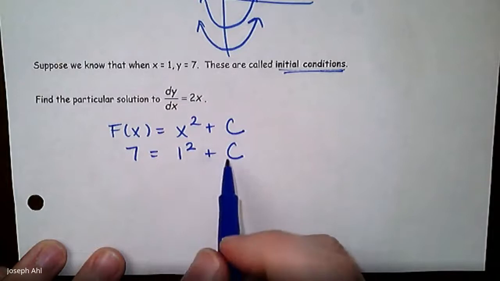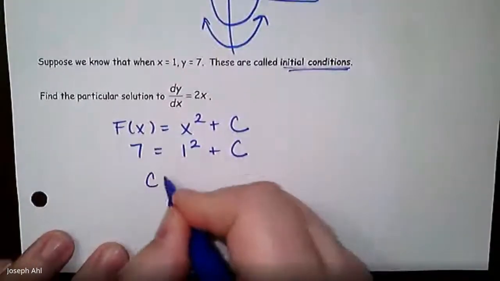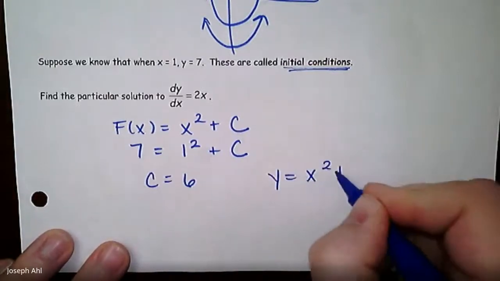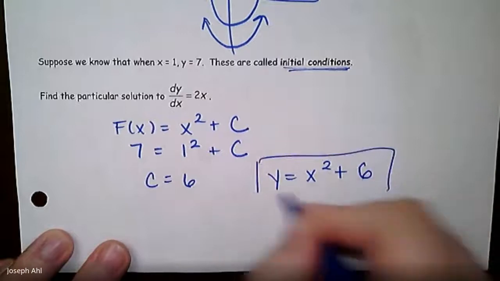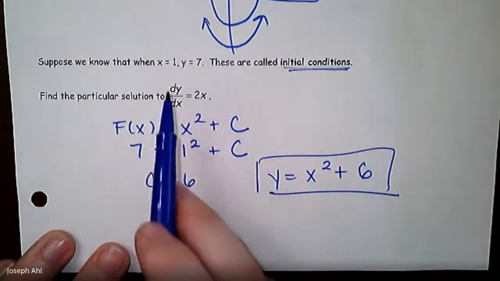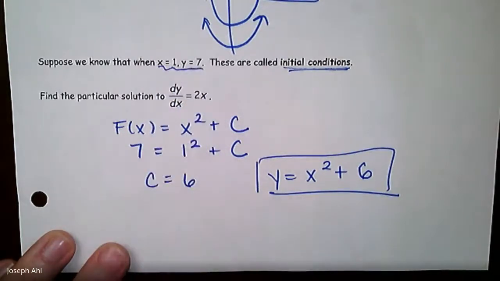So we can find the particular function of this family x squared plus c by really quickly getting that c equals 6. So the equation y equals x squared plus 6 is the particular solution to this differential equation such that the derivative is 2x, specifically when x is 1 and y is 7.